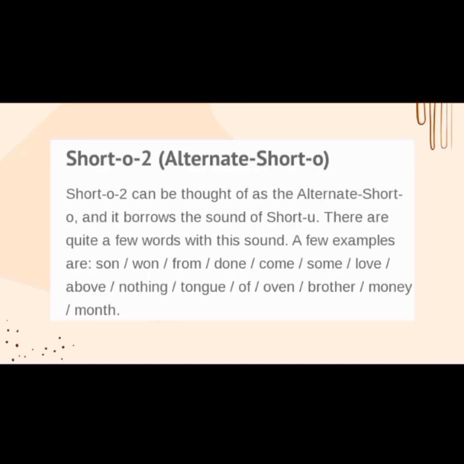The next sound of O is the short O2, or alternate short O. Short O2 can be thought of as the alternate short O, and it borrows the sound of short U. There are quite a few words with this sound.